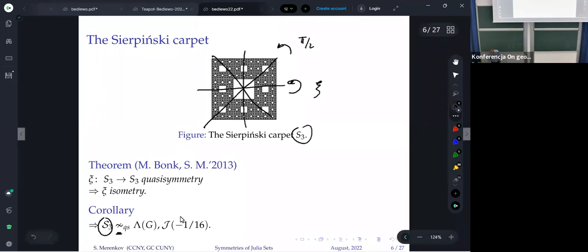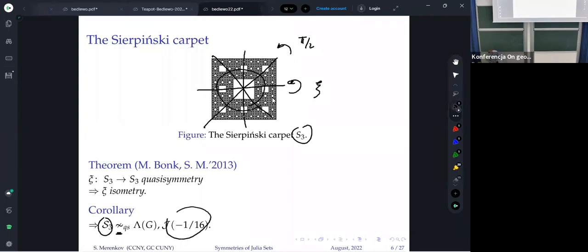And it also can be distinguished from the Julia set in the previous picture, so it cannot be quasi-symmetric to the Julia set, just because the Julia set has more symmetries than this one. This one doesn't have any hidden reflections. Otherwise, they have the same symmetries.